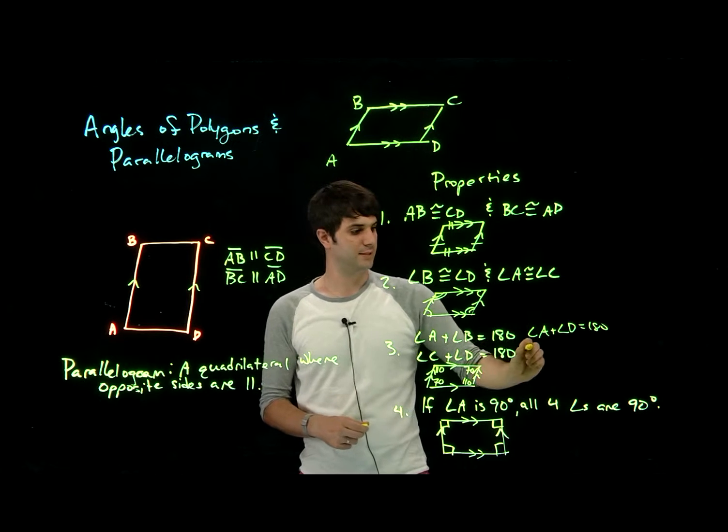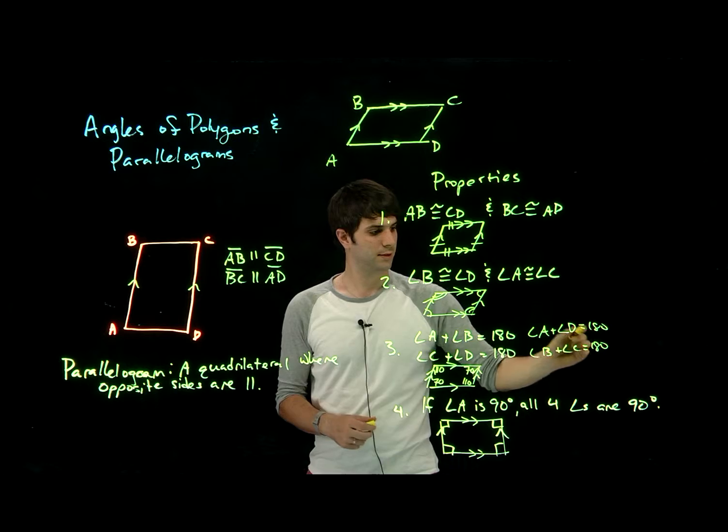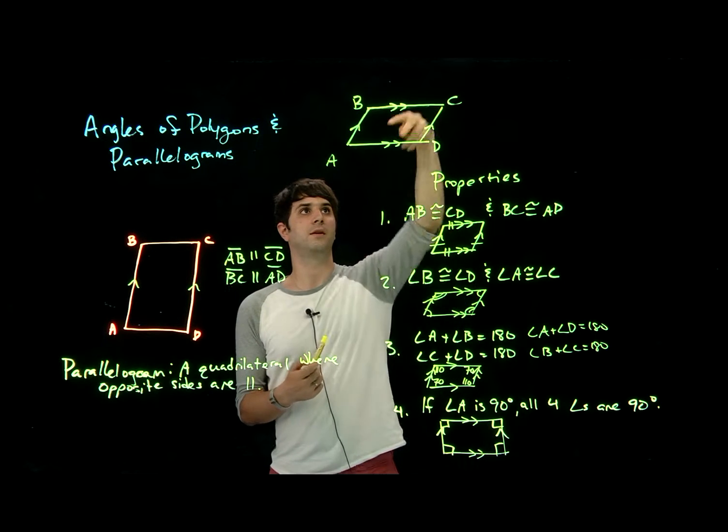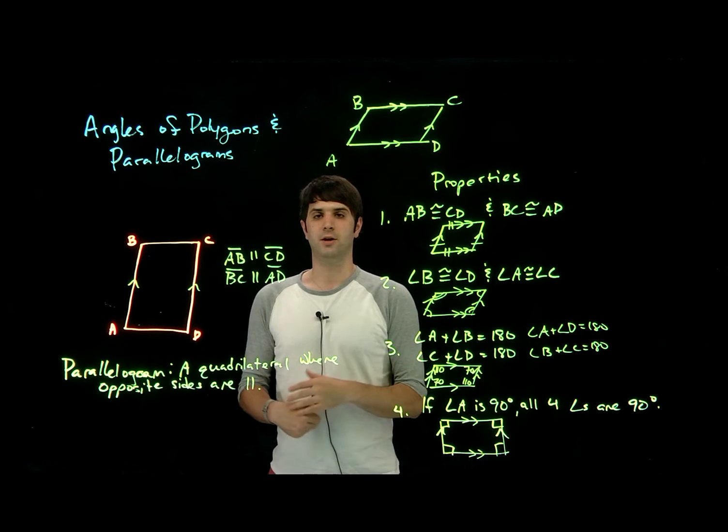And also angle B and angle C equals 180. Just to be clear, those angles add up to 180, and if one angle is 90, then all of them are 90.